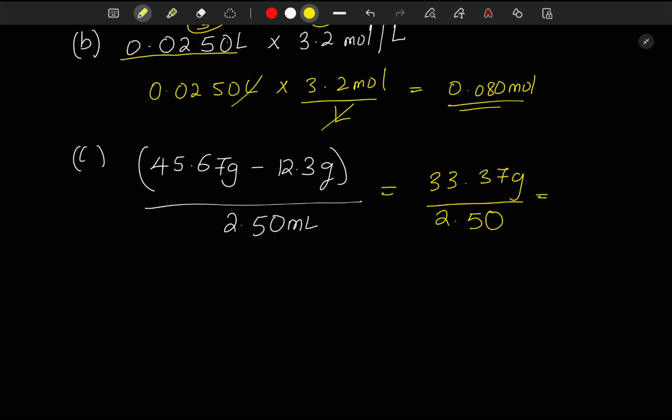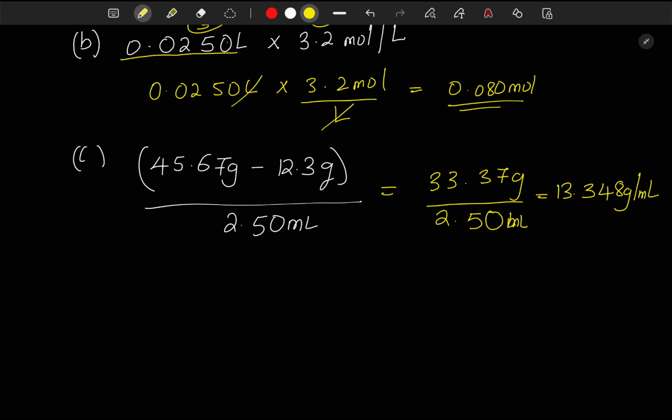So let's divide. If I divide by 2.50, it's giving me 13.348 grams per ml.